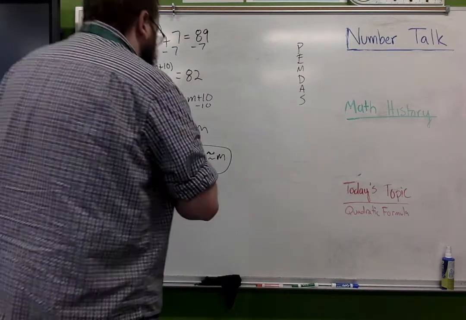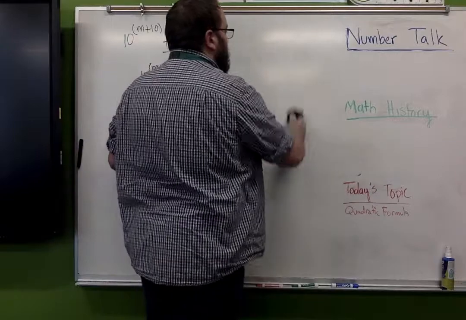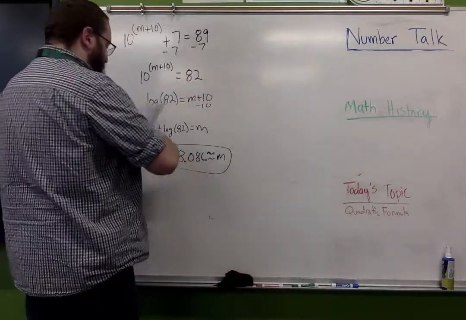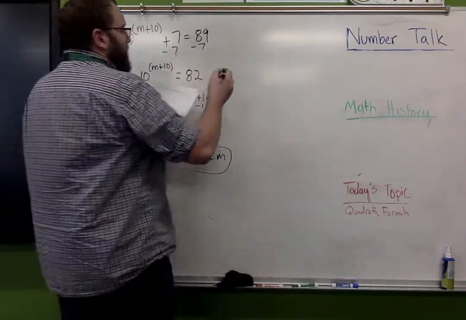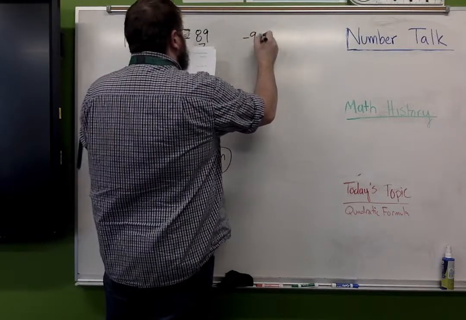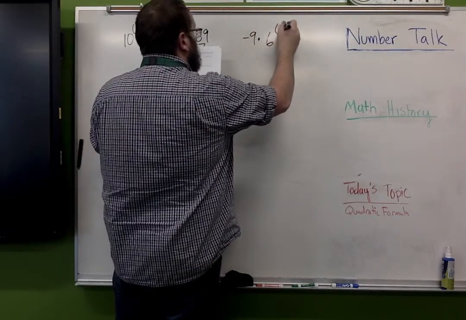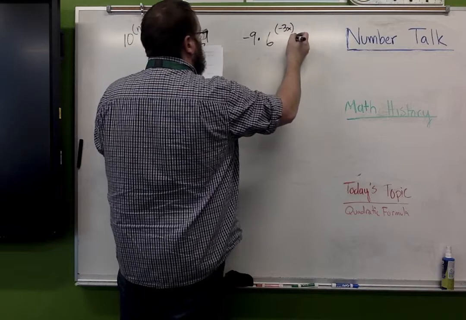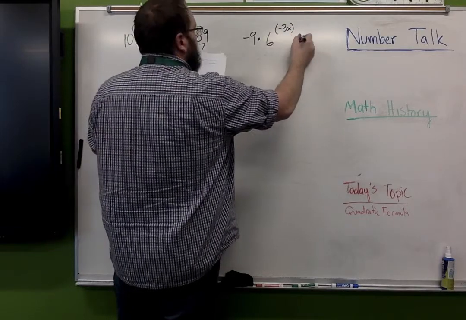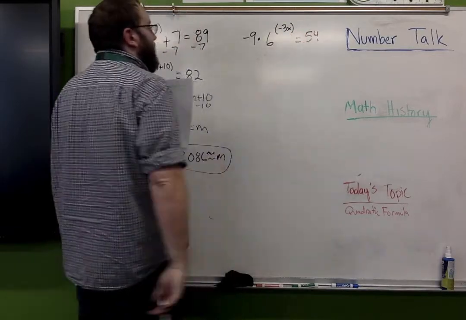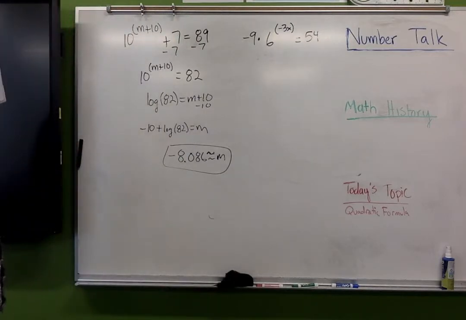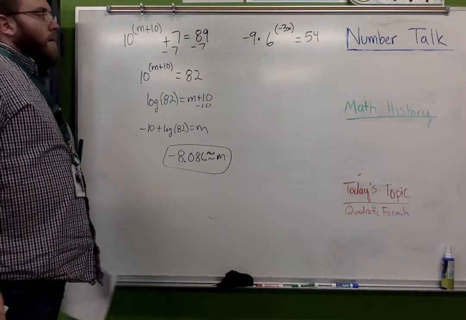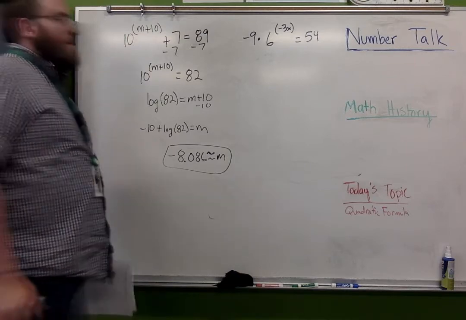All right, let's go over here. I'm going to erase our PEMDAS. So here we have negative 9 times 6 to the negative 3x power equals 54. Let's divide by negative 9 both sides.